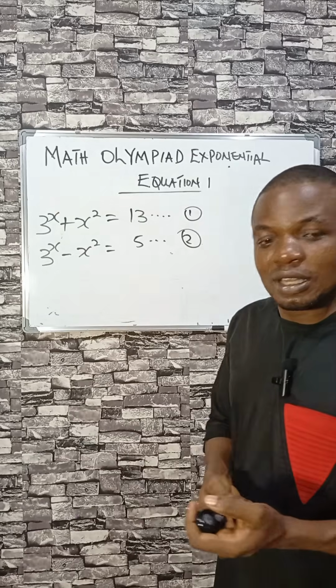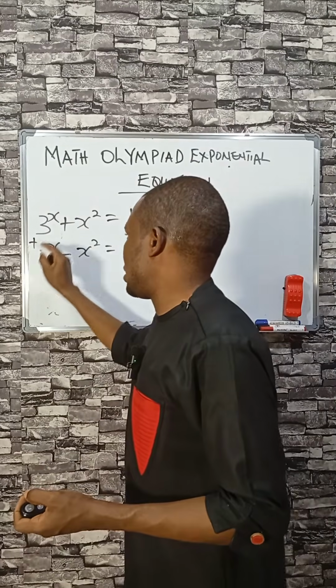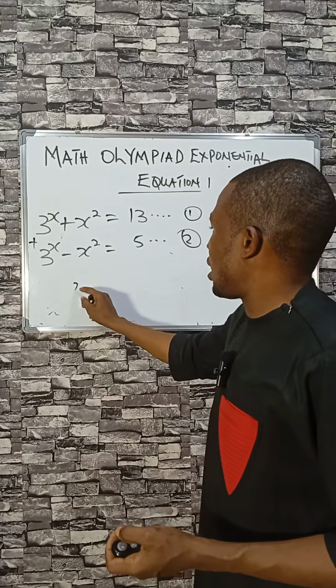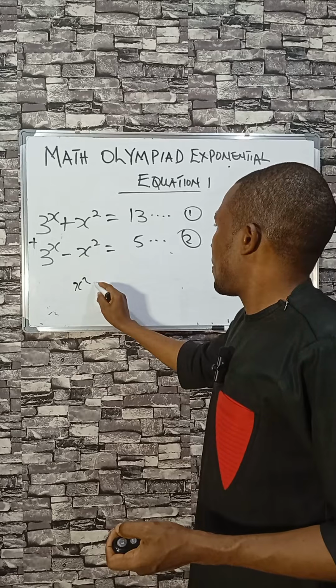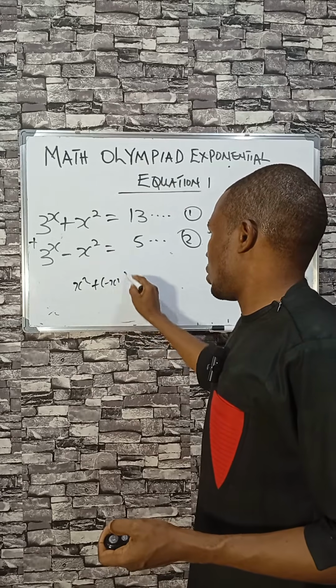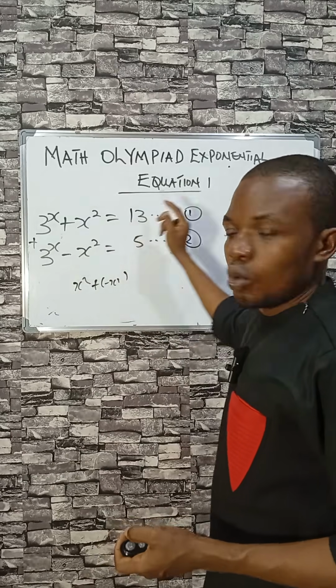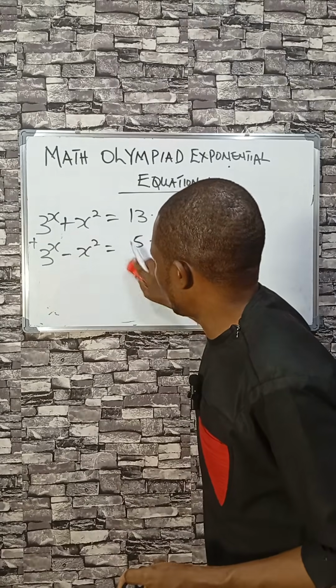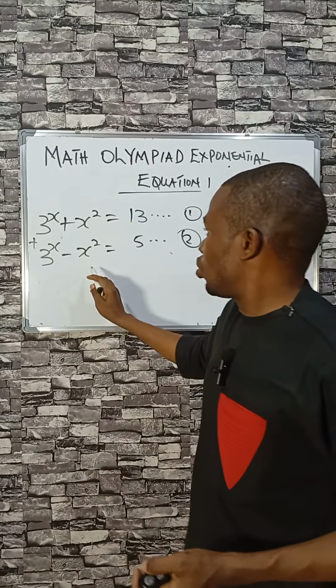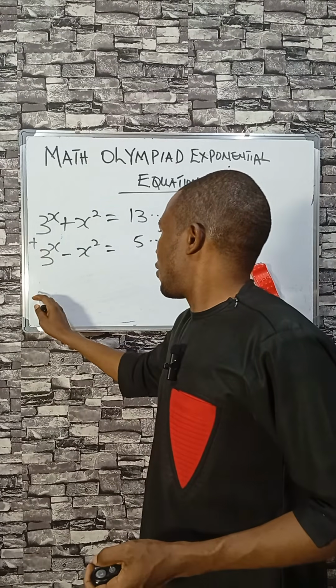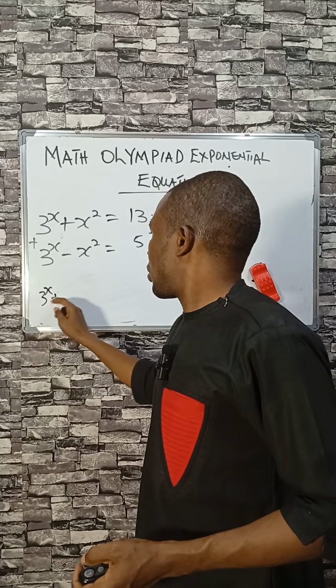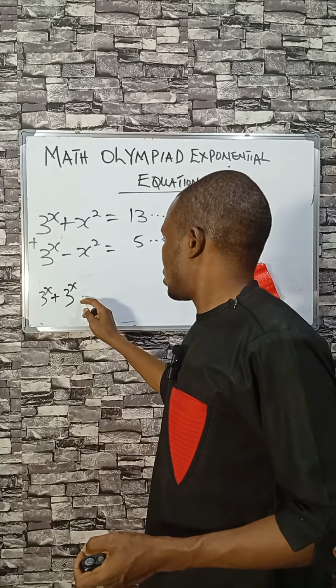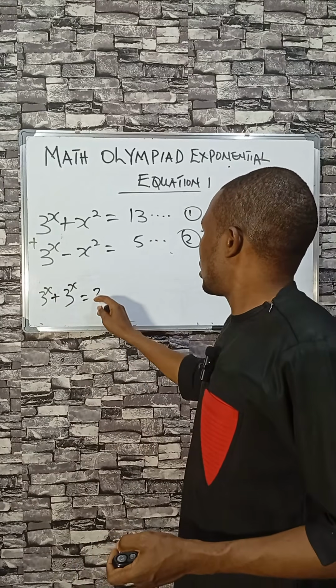So let's see, when I add, the x squared plus minus x squared goes, that will be 0. So here we will have 3^x plus 3^x.